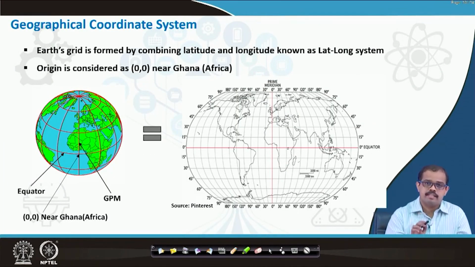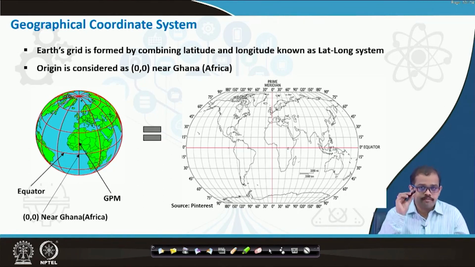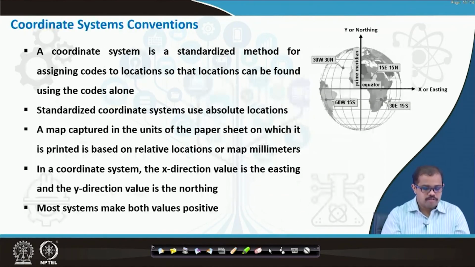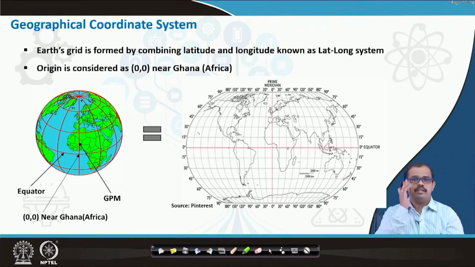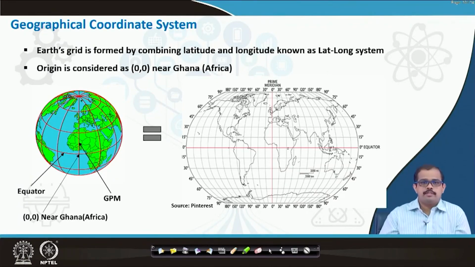You have to represent latitude and longitude, then only will you be able to very clearly say this is the point on the Earth's surface where I am located. So you have to give both latitude and longitude, one in reference to the equator and one with reference to the Greenwich prime meridian, without which your entire Earth grid is not complete.